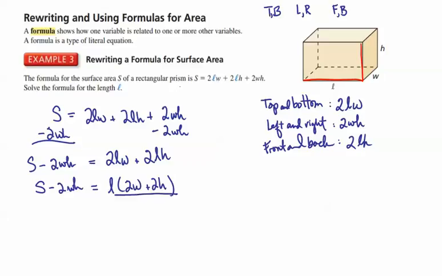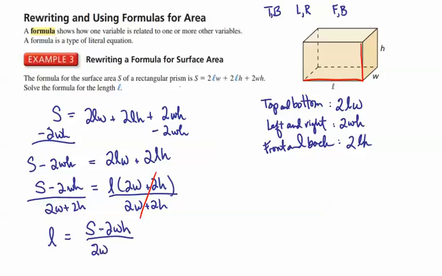Now we can divide both sides by 2W plus 2H, and finally, when the 2W plus 2H cancels on the right, we end up with L is equal to surface area minus 2WH, all divided by 2W plus 2H.